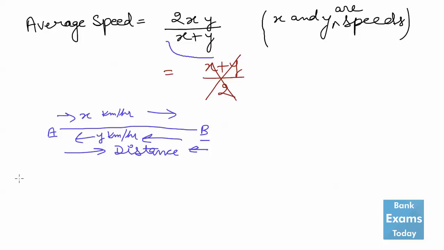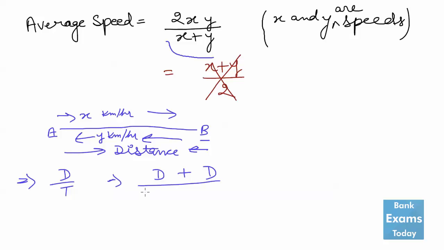So the formula to calculate speed is distance over time. What is the distance here? The distance is the same from A to B and B to A, that is d. So he covers this distance twice, once when he goes from A to B, and secondly when he comes from B to A. So the distance is d plus d.